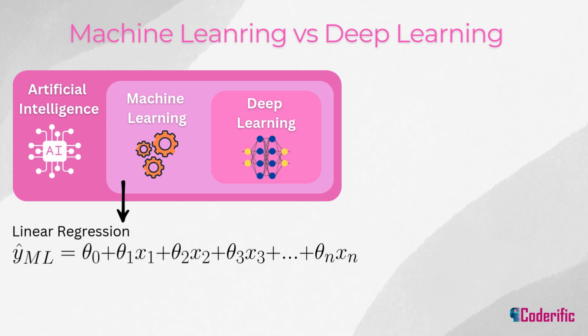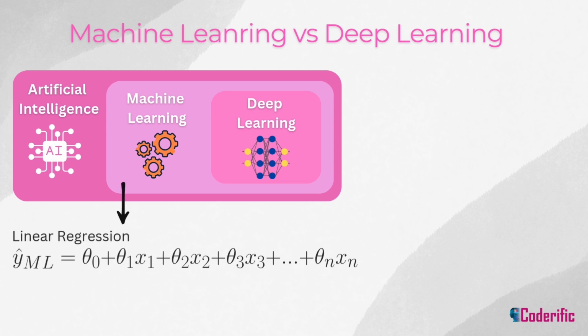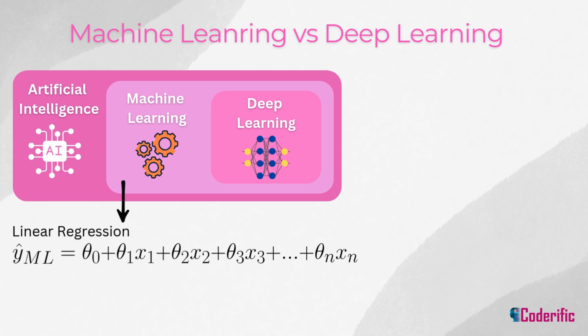Mathematically, it is represented as y hat ml is equal to theta 0 plus theta 1 x1 and so on. In this equation, y hat ml is the predicted square footage of the house. x1, x2, x3 represent the input features like house price, number of bedrooms.